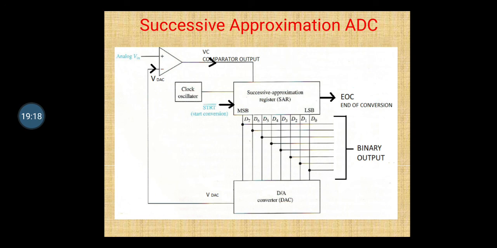So whatever bit is there, it will set that, and the rest of the bits will remain 0. So one by one, adjacent bits will be set or reset depending upon the comparator output.